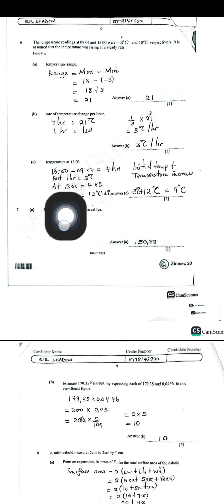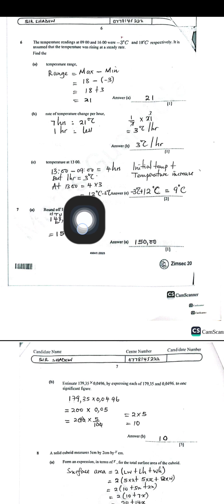So I mean to say at 1300 hours, the temperature just rose from -3 up to 12.